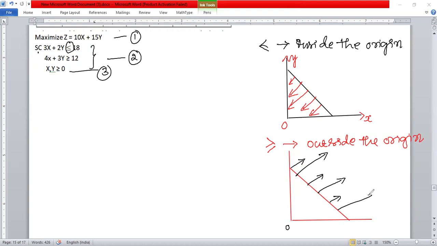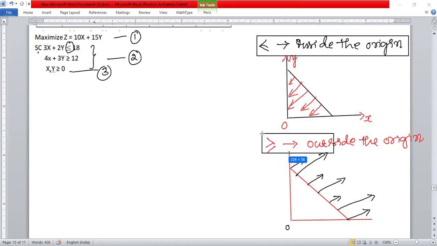This is called greater than or equal to. Less than or equal to means inside the horizon, greater than or equal to means outside the horizon. That's very important. In every LPP, you should be aware of this one.